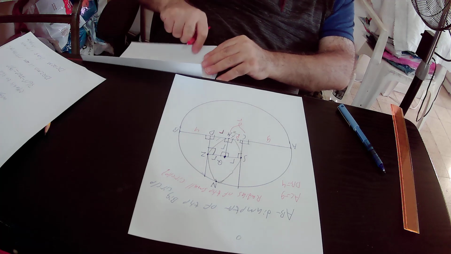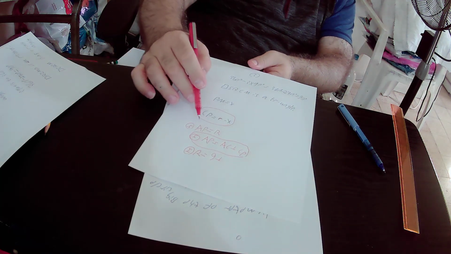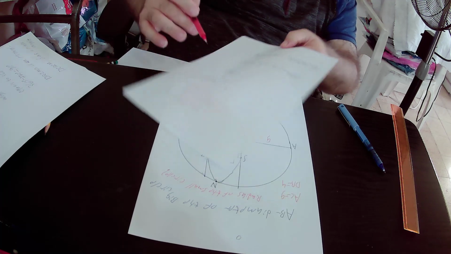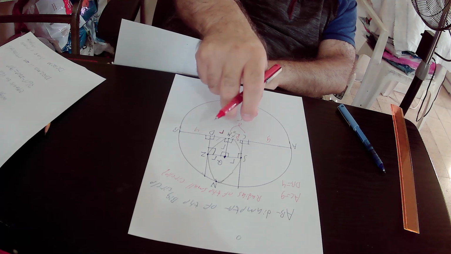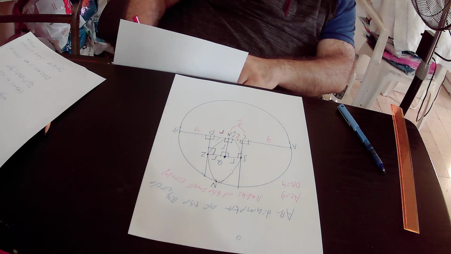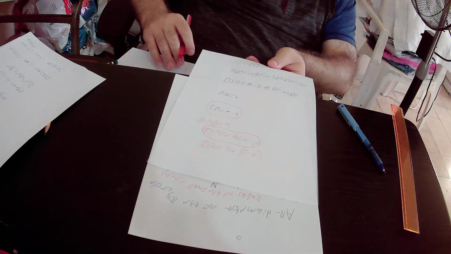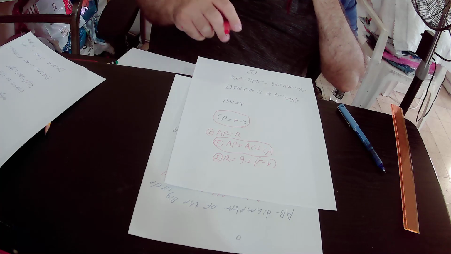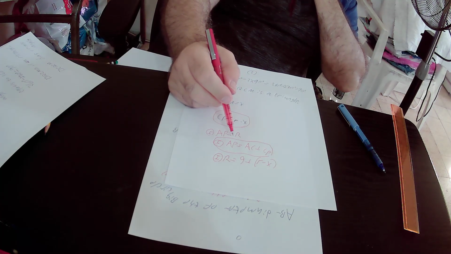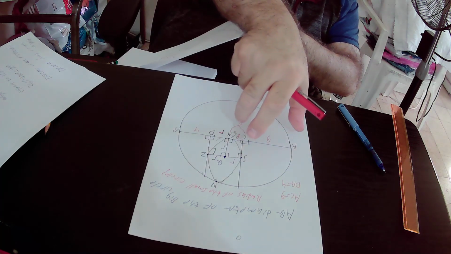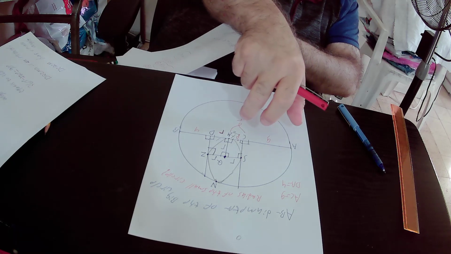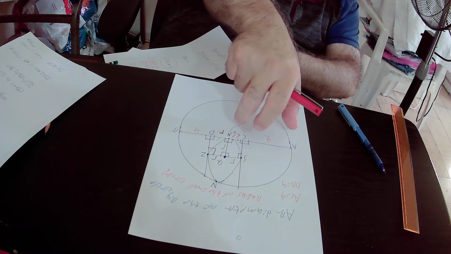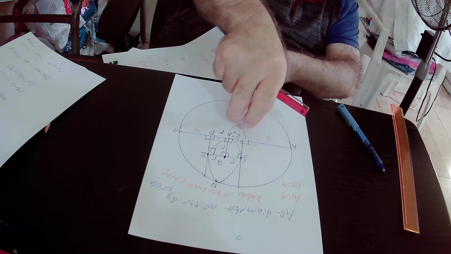We've already found out that the value of CP is R minus X. So AC plus CP is 9 plus R minus X. Because P is the center of the big circle, the radius of the big circle equals AP.